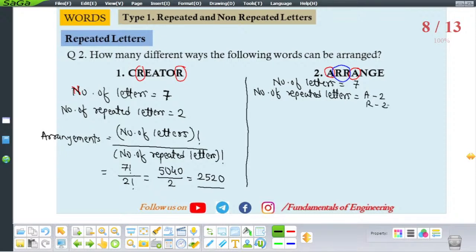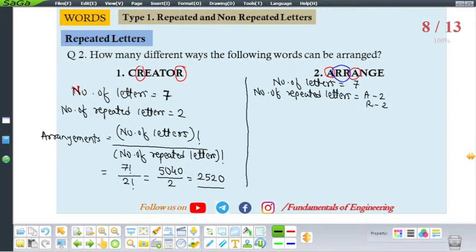Right. 7 factorial value is 5040. So A is repeated twice and R is repeated twice.